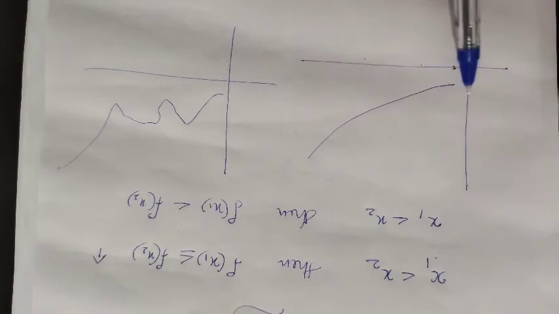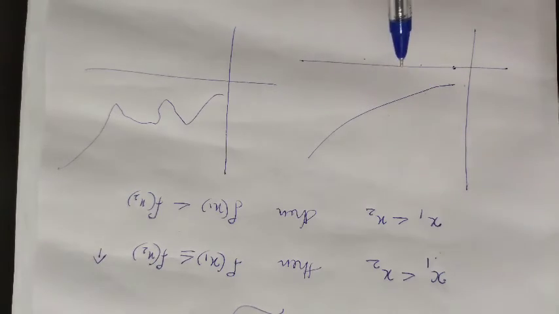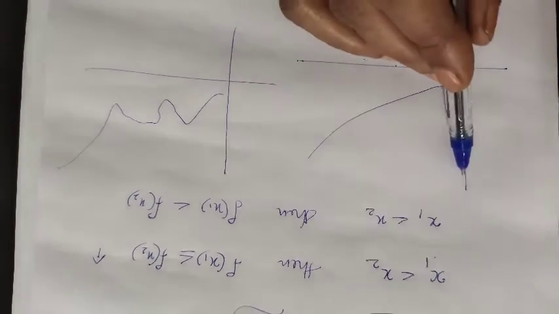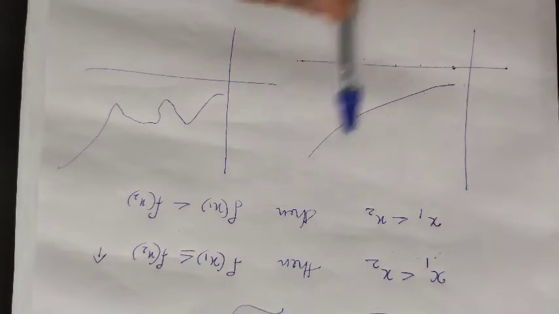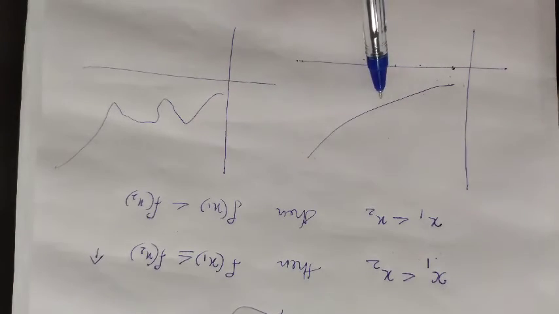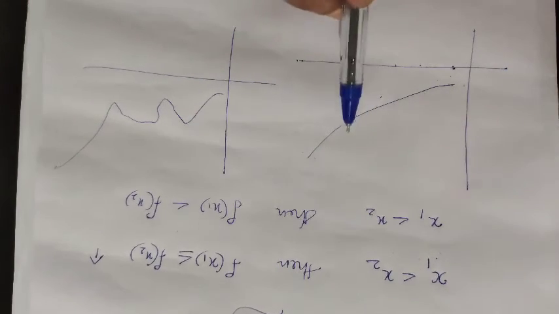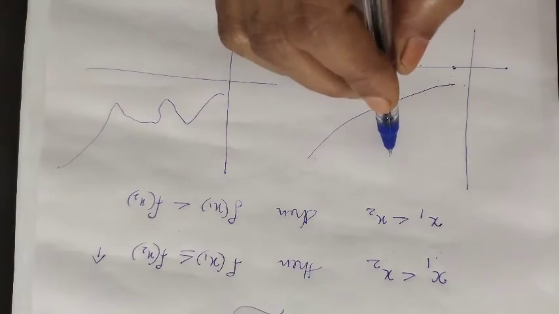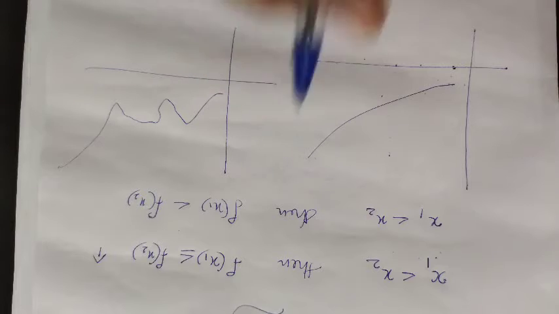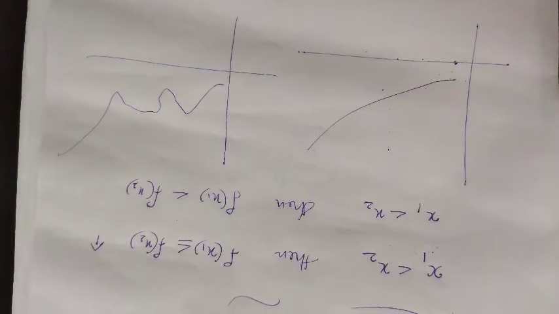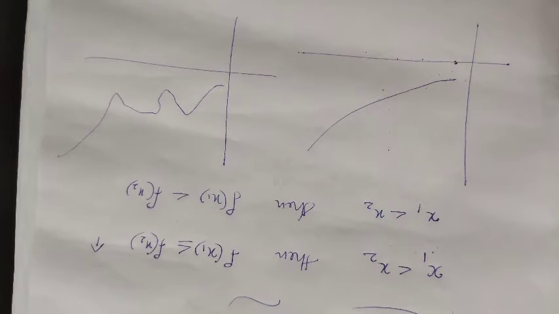X equal to 2, f of x is increasing, 1 point something. X equal to 3, f of x is increasing. The last point, again, x is increasing. That means at each point, f of x is also increasing. That means the function is strictly increasing. In each and every point of x, the image is also increasing. Then it is called strictly increasing.